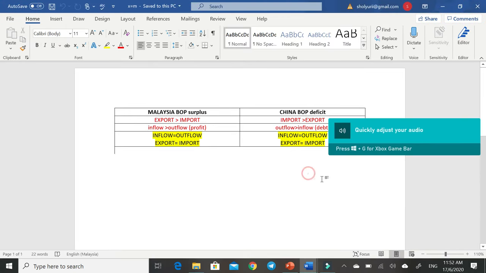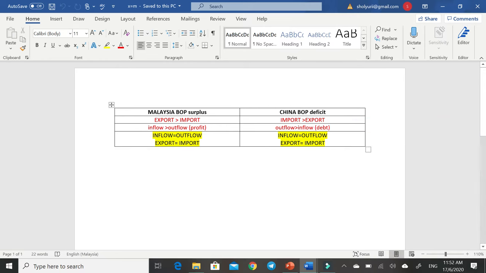I have this. Okay, so as you can see here, we have two countries, Malaysia and China. This is the trade between Malaysia and China.